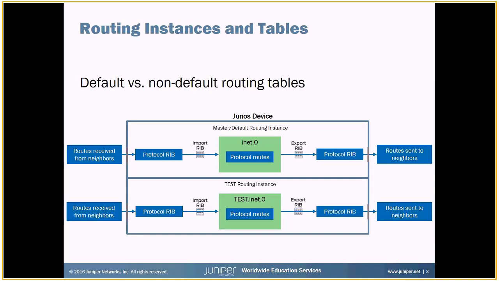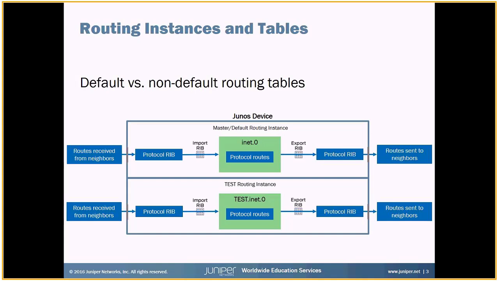It came in on the master routing instance, it worked with the protocol rib in the master routing instance, and it's installed in the routing table in the master routing instance. That same statement is also applicable in the bottom half of this diagram. A route that arrives through an interface associated with the test routing instance would be associated with the protocol rib in that routing instance and imported and installed into the test.inet.0 routing table, and so on.